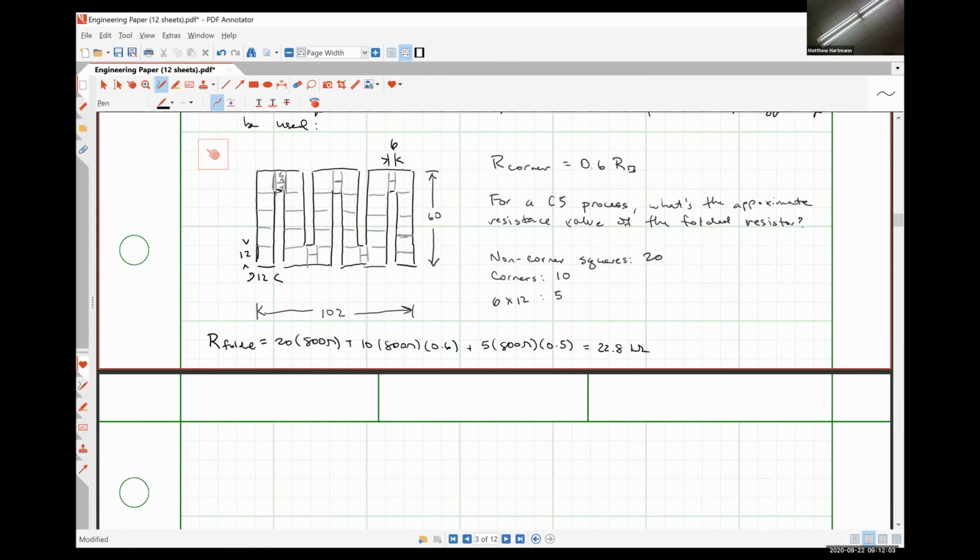kilo ohm resistor. So the total area occupied by this guy, let's say that's 60 times 102, 6120 lambda squared.